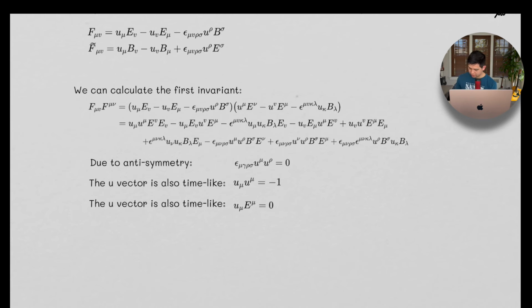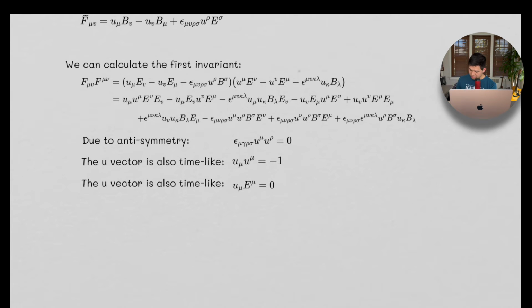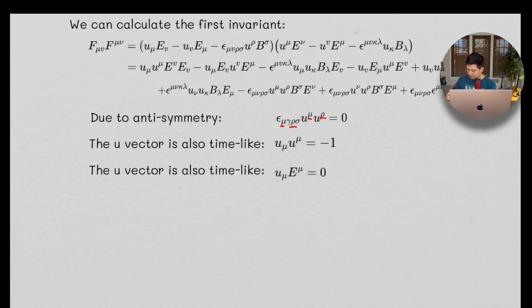We can calculate the first invariant object, this one. We plug things in where everything's lower index, and then here everything's upper index, and we get all of this garbage in here. This will actually reduce because of an anti-symmetry property. For mu and rho, due to anti-symmetry, whenever you multiply things like this together, you actually get 0.